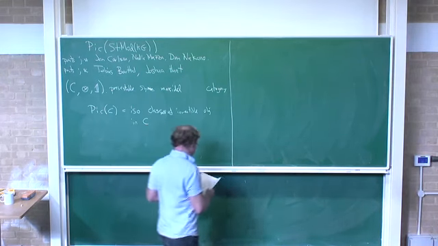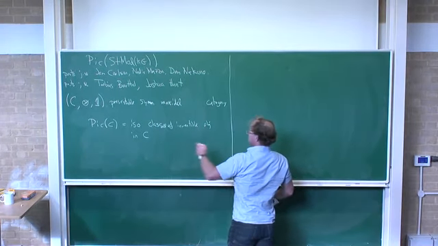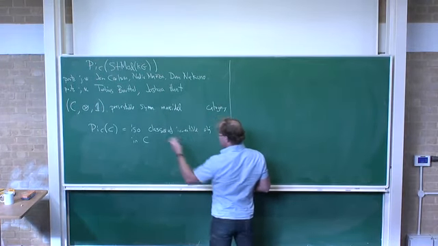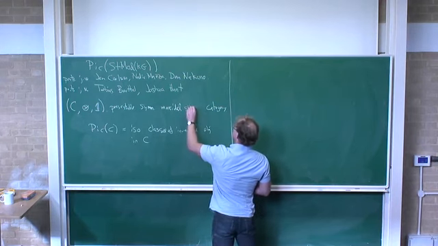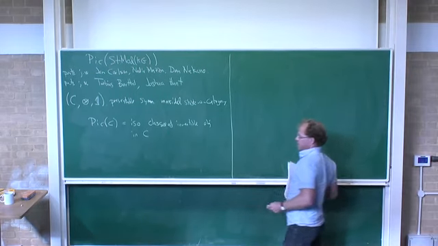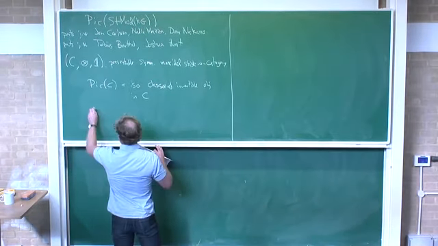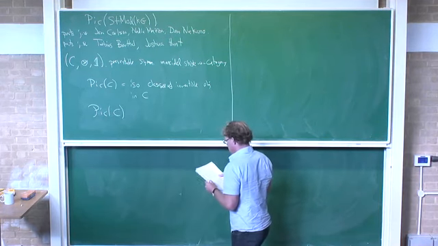Okay, so we have that. Of course we don't just want this group, we want maybe a stable infinity category, because then the great thing about that is that we can form the space of these things.